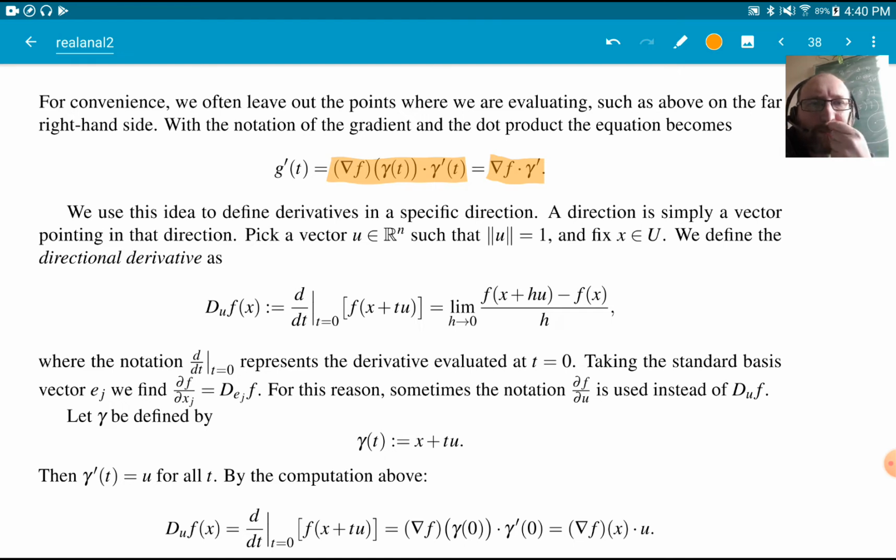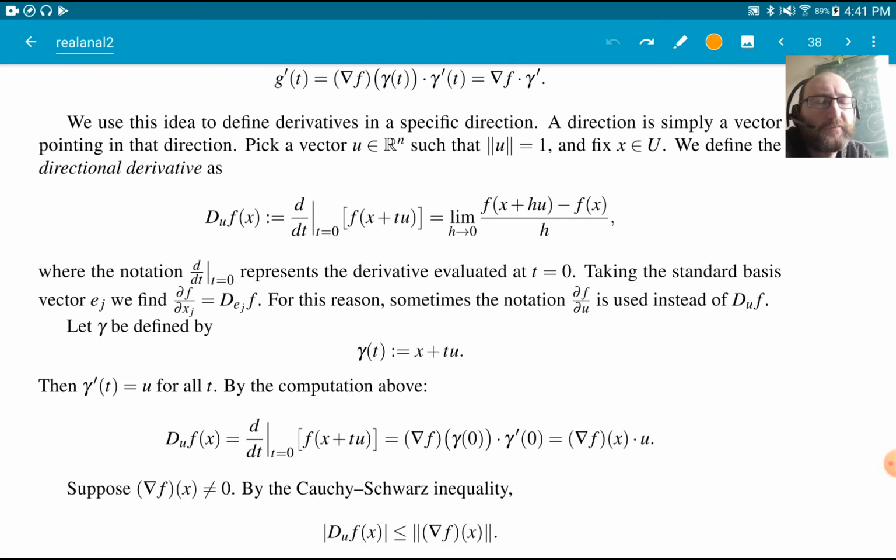So we're basically taking the dot product of the gradient of f and the tangent vector of gamma. And that's how f is changing as we're moving along this curve. That's the interpretation here, right? That's the rate of change of f, that's g prime here, and it's given by this formula.